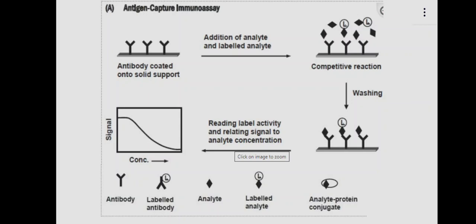So once that mixture is loaded onto the coated plate, they will compete for the limited number of available binding sites. So depending on relative concentrations, then they'll bind accordingly. Whichever is more concentrated, either the labeled or the unlabeled, you get a similar proportion being bound to the well.